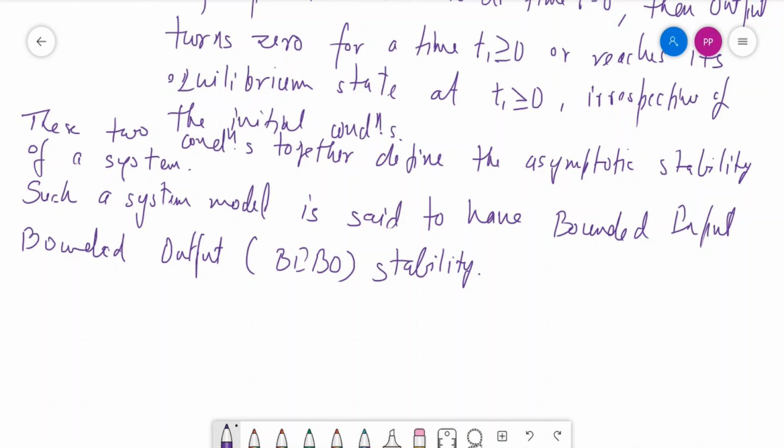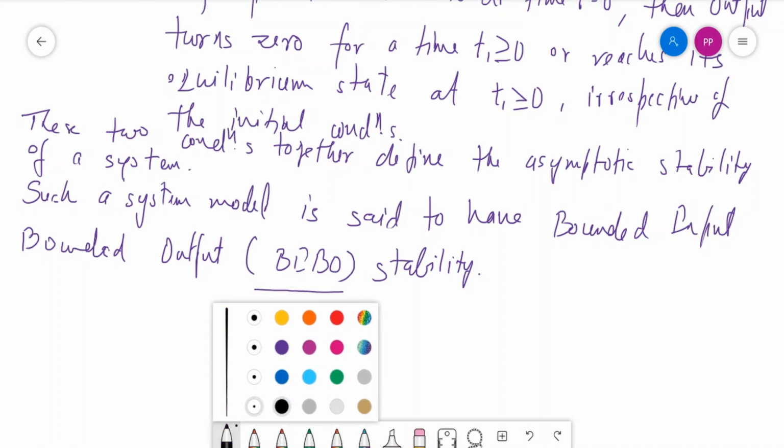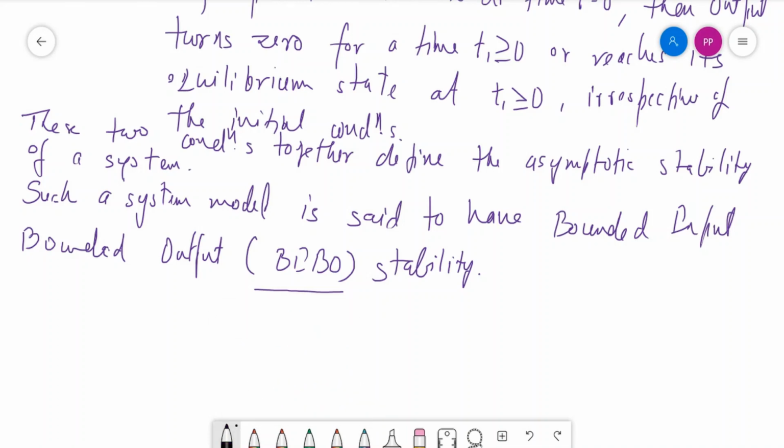So this is an important concept, bounded input, bounded output stability. And so with this knowledge, let us go further to define the absolute stability. So absolute stability.